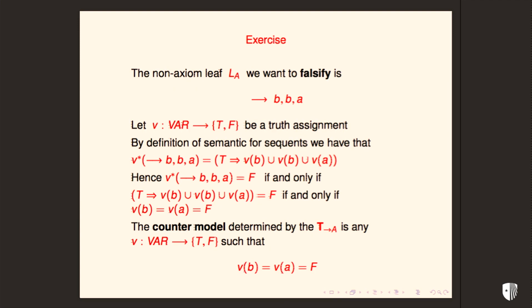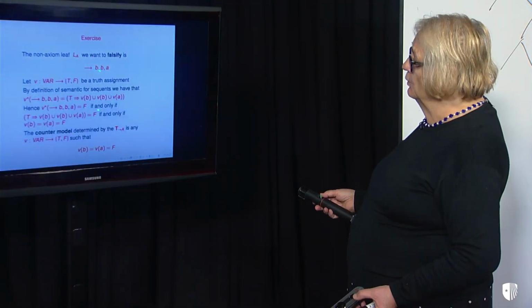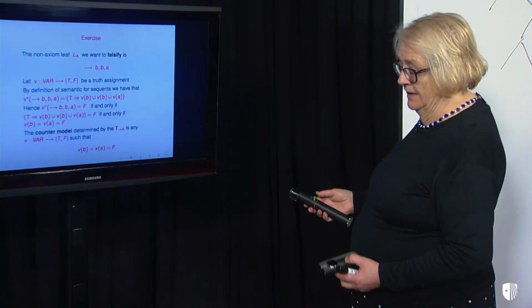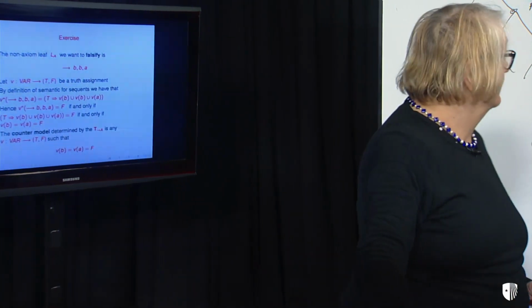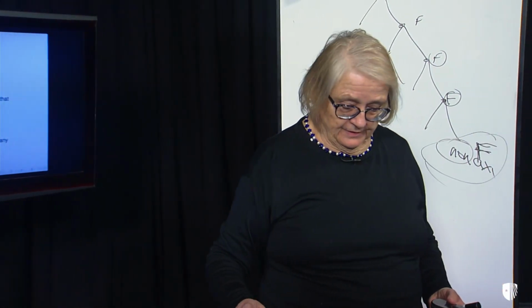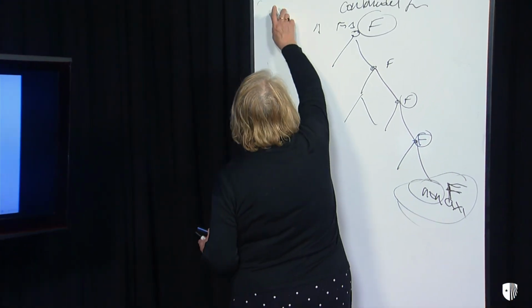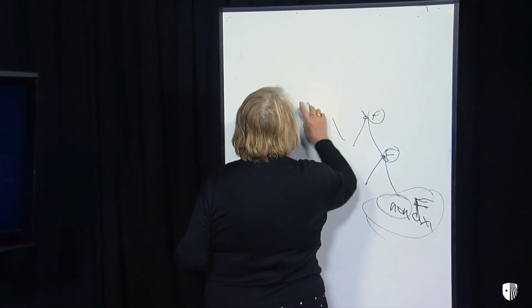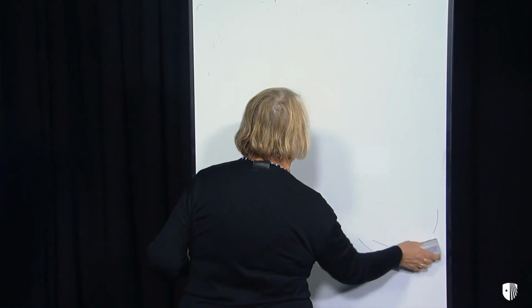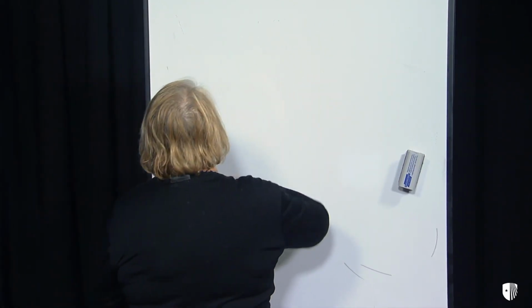And you can see immediately what it means. This is the disjunction. The sequent is shorthand for that. You want to do it fast.